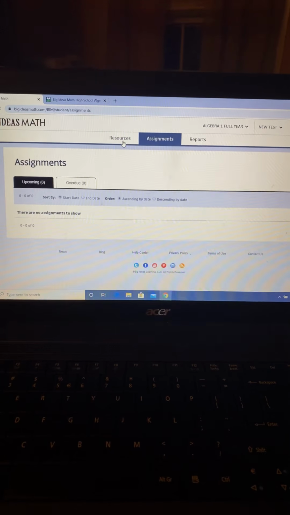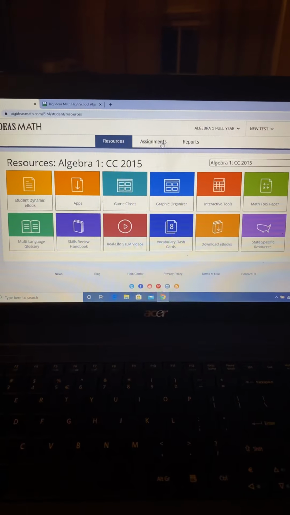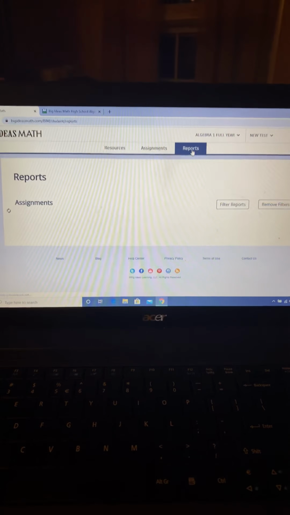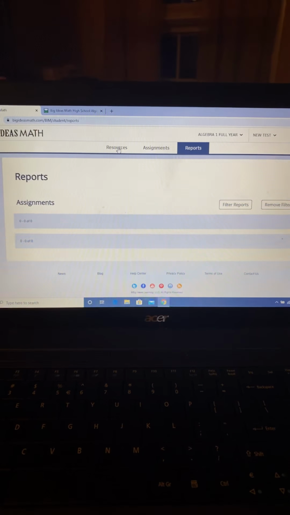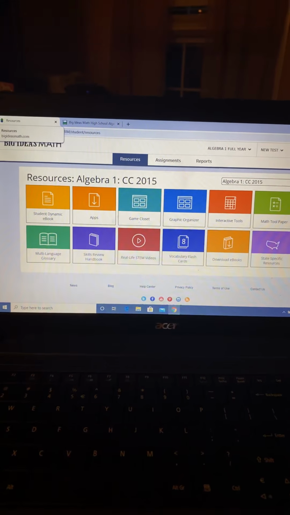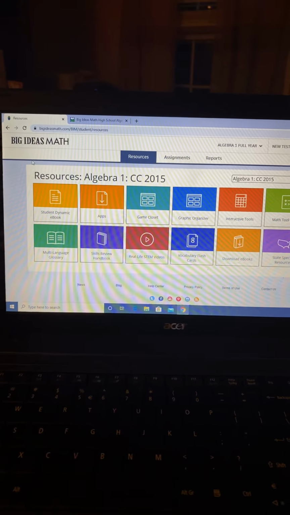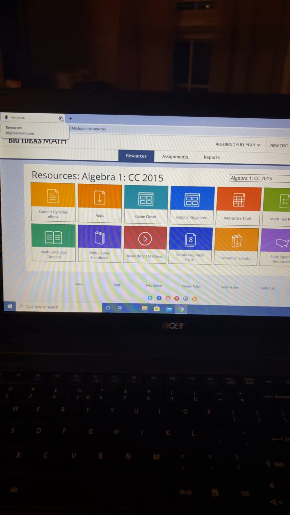But our big spot is going to be your resources and your assignments. You can keep track of your report afterwards, but not everything that you see there is going to be exactly what you're going to be looking for. So this is the algebra book, and I am pretty positive that the Algebra 2 book would work the same way if I have anyone working in that one.